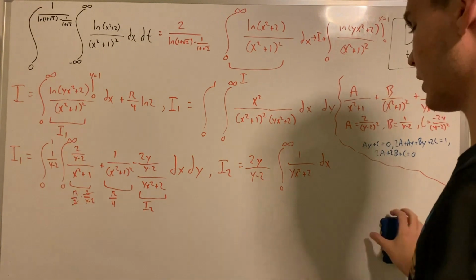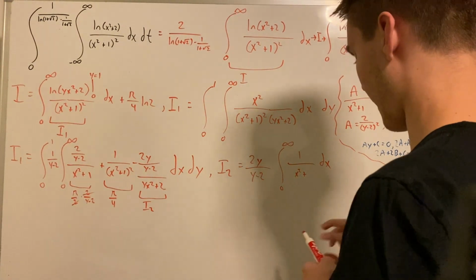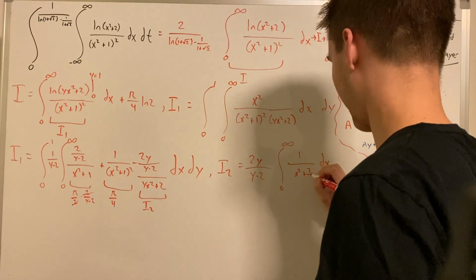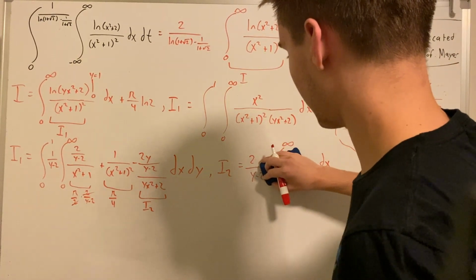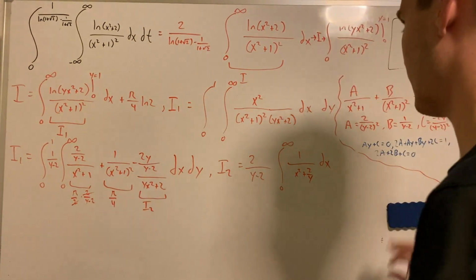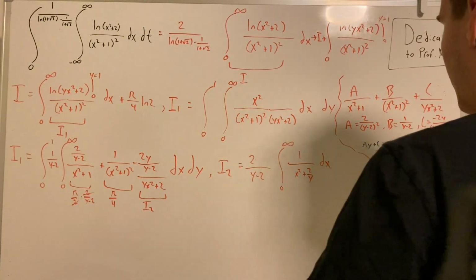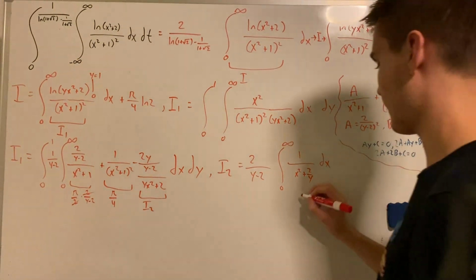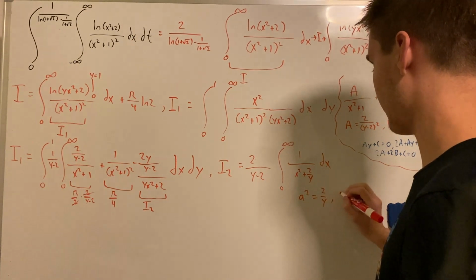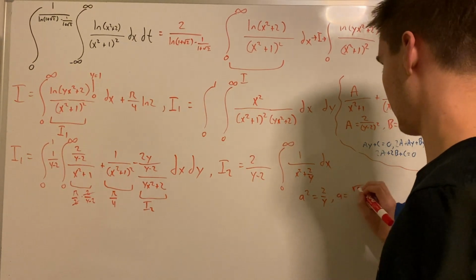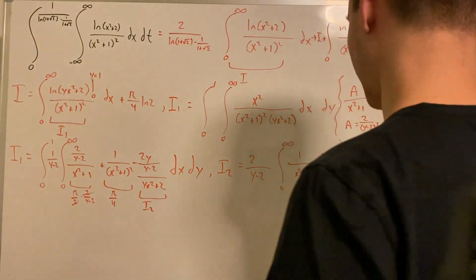Okay, so first thing I'm going to do is factor out a y, which will go in the denominator and thankfully cancel out this y. And now this is the familiar arctangent thing again. And knowing our rules, if a squared is 2 over y, a must be root 2 over root y. I'm just splitting this up so we can manipulate them later.